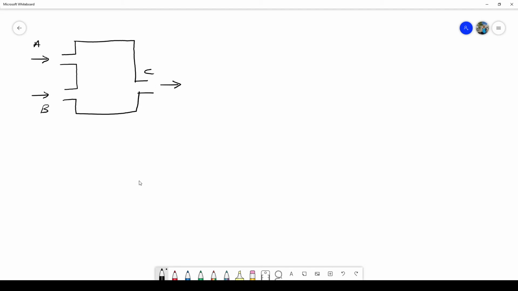Now let's look at the problem that we have just seen, a tank where we have two inlets. This is inlet A, and this is where we have the velocity at inlet B. Then this is outlet C, where the fluid flows out from our container.